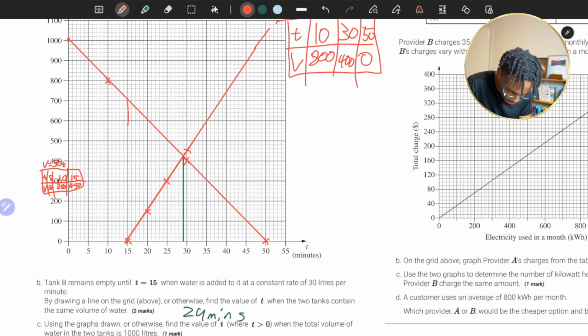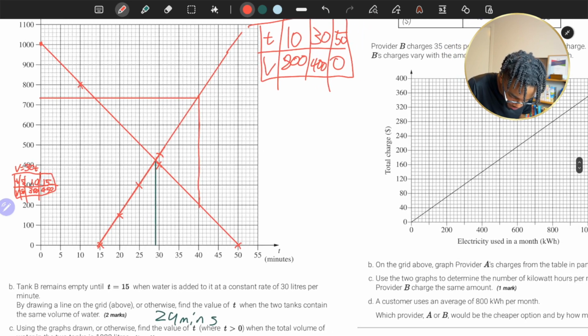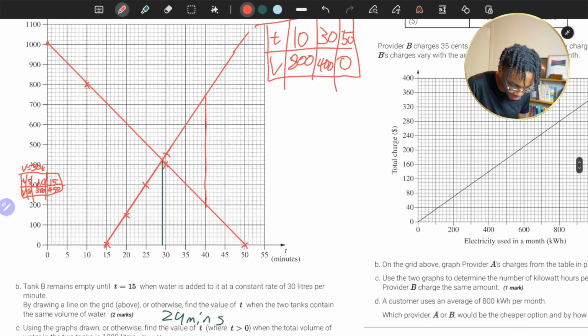We could find this here, see how much volume of water is in here, just 700. How much volume of water is in here at 40 minutes? Right. That's like 730 plus 200. Right, that's not 1,000. What about here? Just because I know the answer. Right.